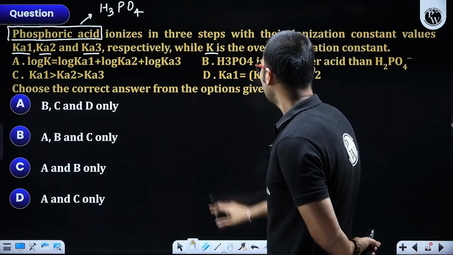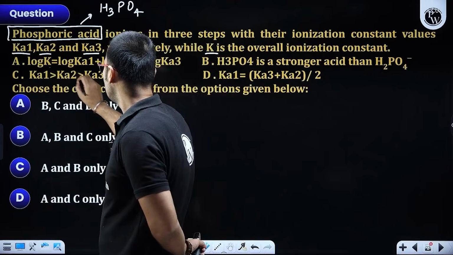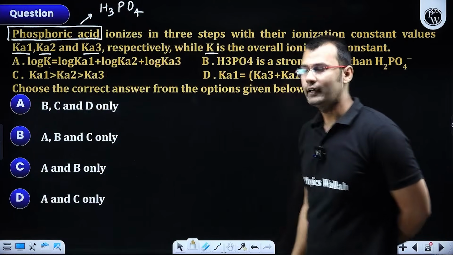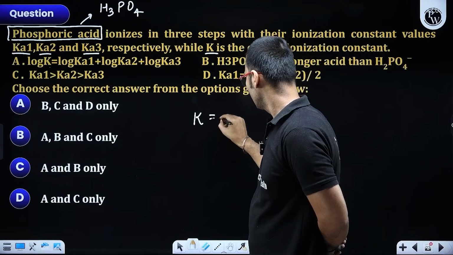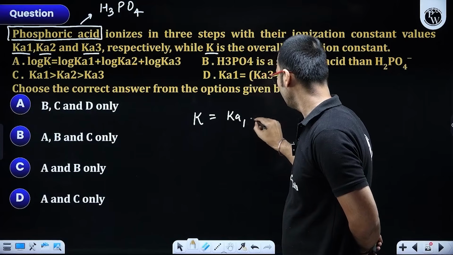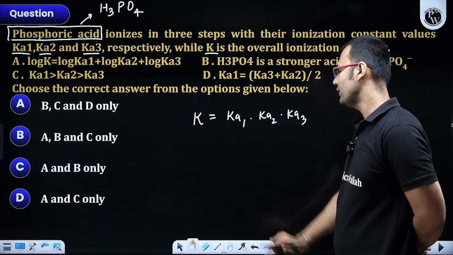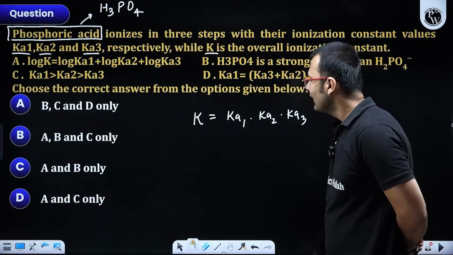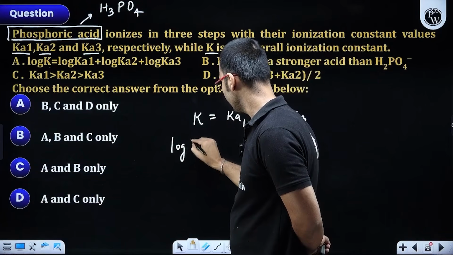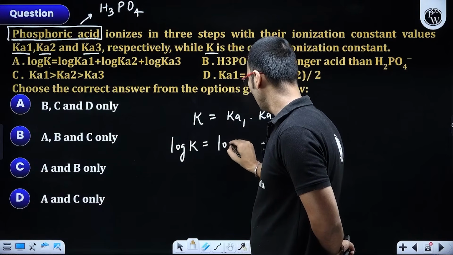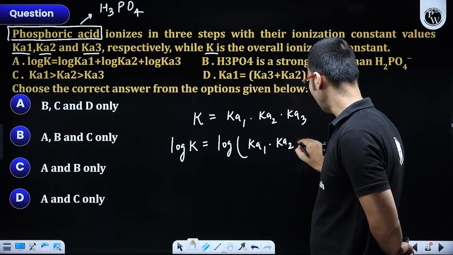So they are asking which points are correct here. First point is log K equals log, okay. If the overall dissociation constant is K, it can be written as K1 into K2 into K3. We saw that on the previous slide, right? Now if I take log on both sides, the left hand side will be log K and the right hand side will be log of K1 into K2 into K3.